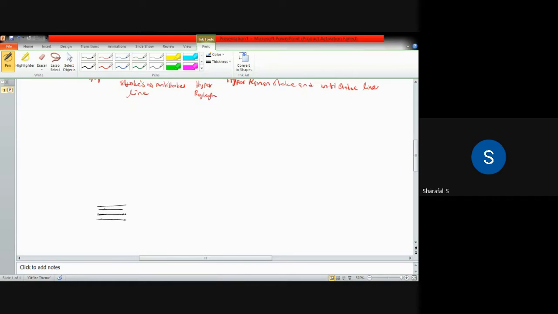Let's say there are 4 energy levels here, and the last one is the ground state. And then you have some virtual energy levels here.